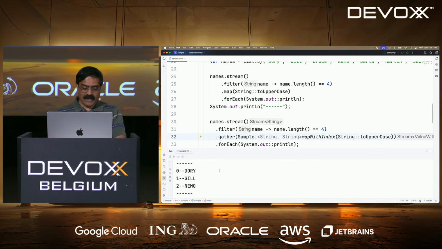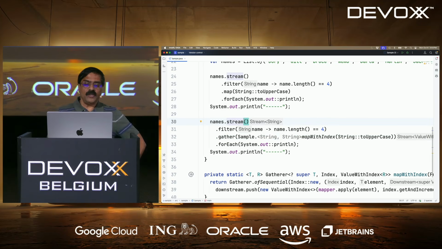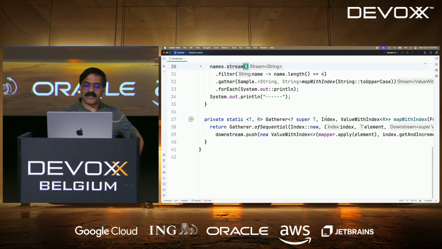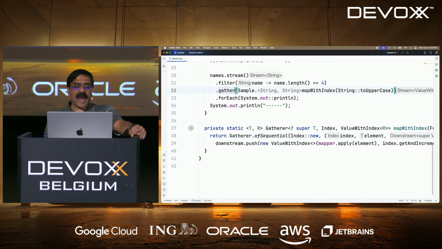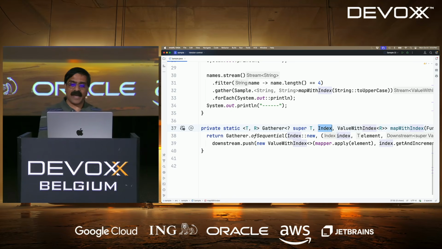So essentially, let's talk about what the code is actually doing. In this particular case, you can see that we created an index. And that index that you created right here is being initialized right there. Let's take the time to understand how this works. So essentially, in the case of the gatherer, when you said, I want to create a map with index that's returning a gatherer, where this gatherer has an element, but it's got a state, which is the second argument, in this case index, and then the third is the transformed output.